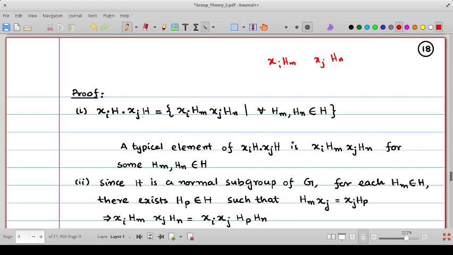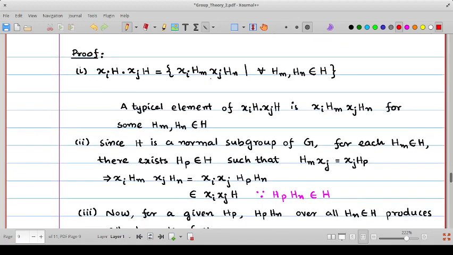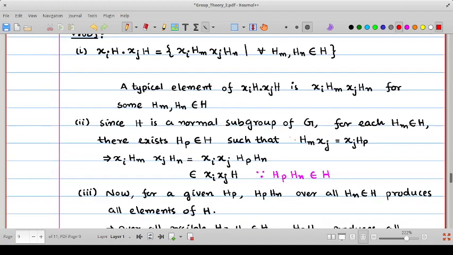So Xi H times Xj H is simply Xi Hm Xj Hn, where Hm and Hn are elements of the group H, and we keep only distinct elements appearing here. Now we note that Hm Xj is actually an element of the right coset Xj H.